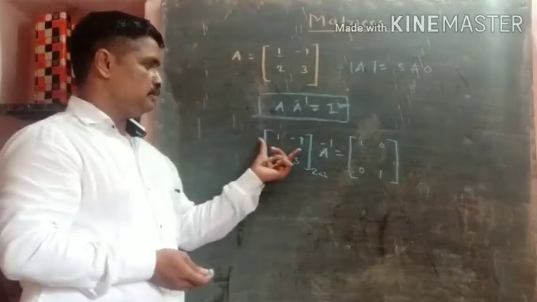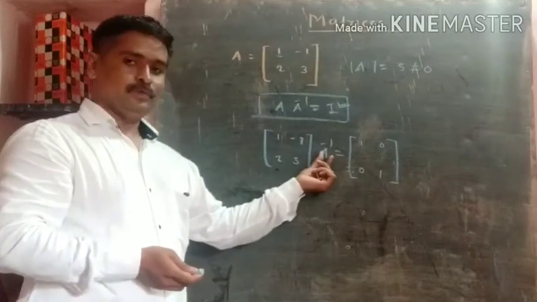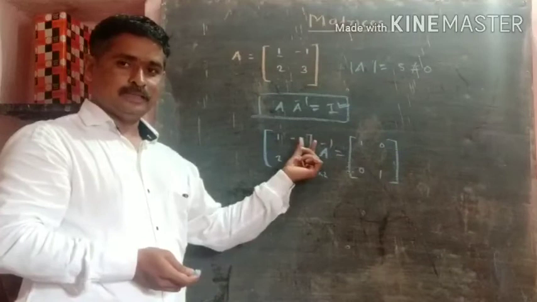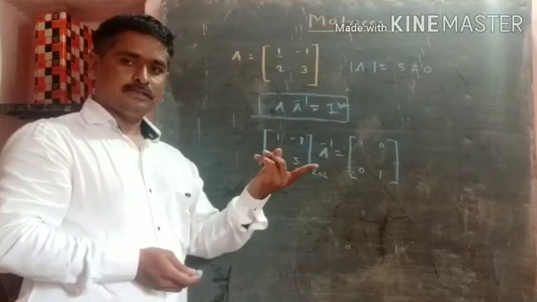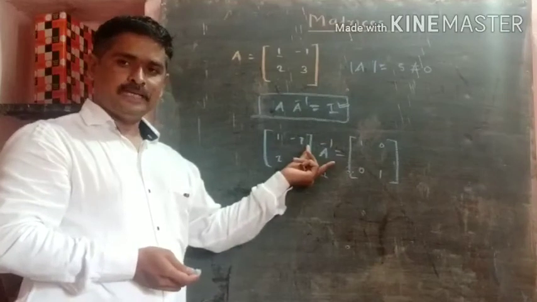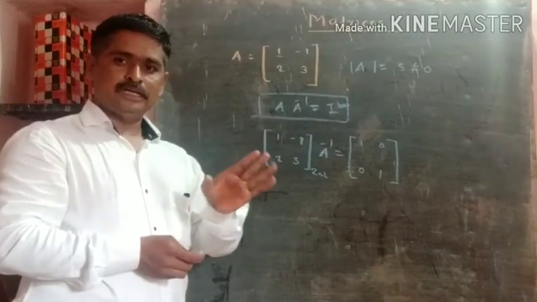Again we have to find A inverse. We know in the number system, if we multiply any number by 1, the value remains equal. That means 5 into 1 gets 5, 4 into 1 gets 4.